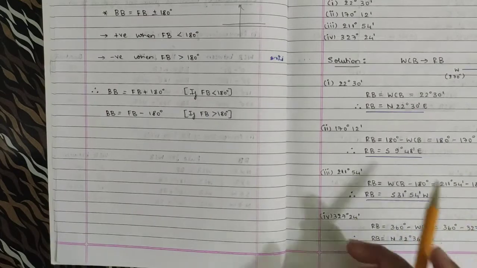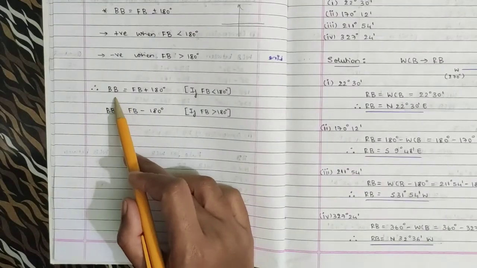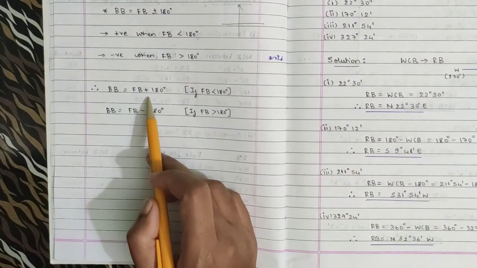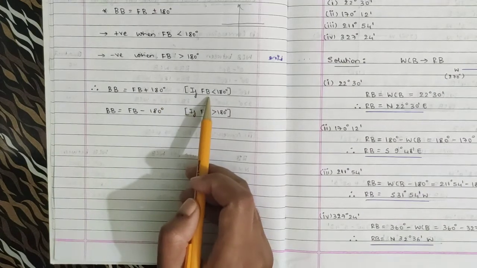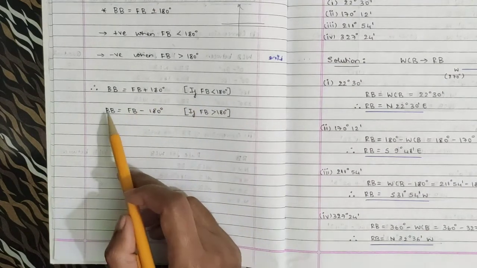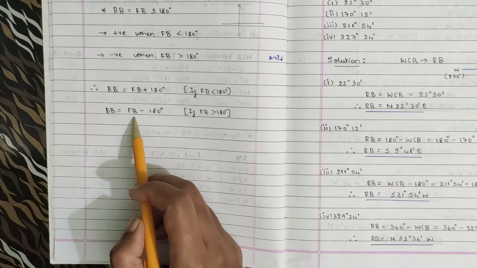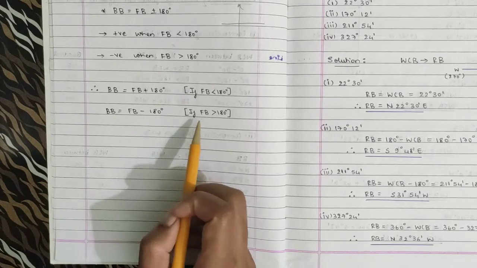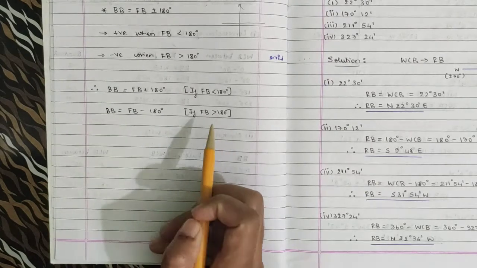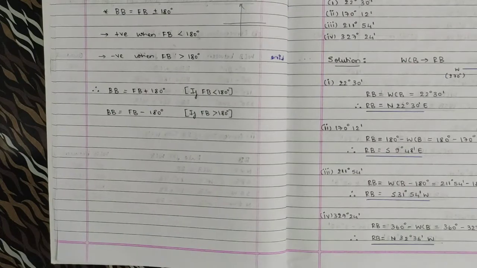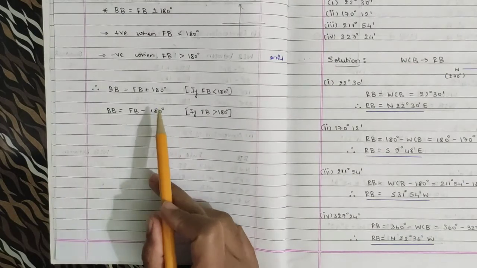So back bearing is equal to forebearing plus 180 degree if forebearing is less than 180 degree. Back bearing is equal to forebearing minus 180 degree if forebearing is greater than 180 degree. This will be clearly understood while solving the problem.